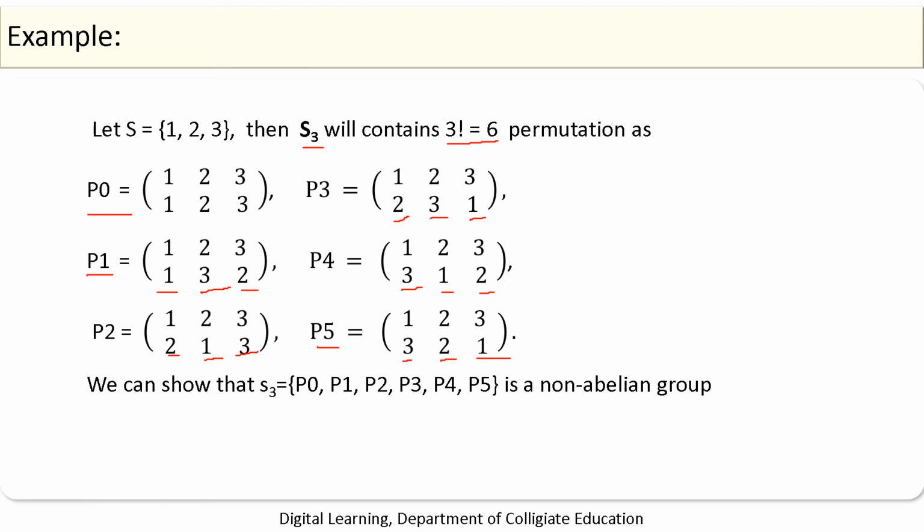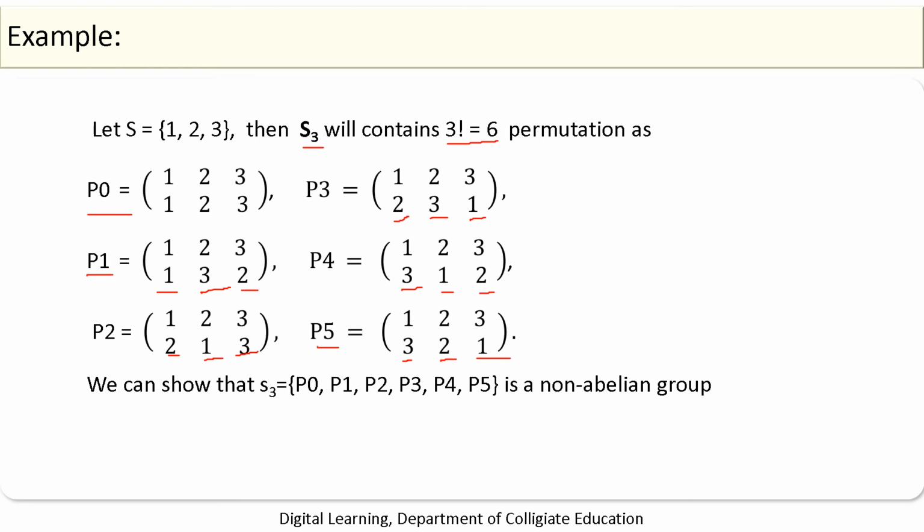So these are the possible permutations of S3. That means there are a total of 6 permutations. Therefore, the set S3 will have 3 factorial, that is 6 permutations.